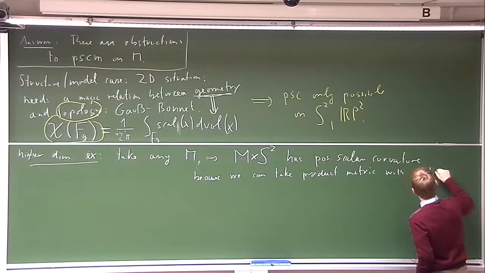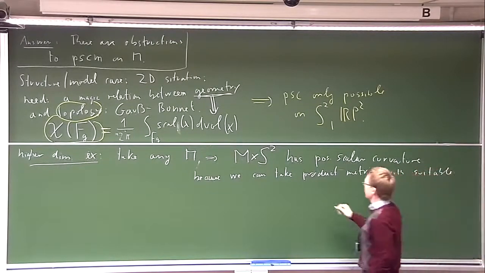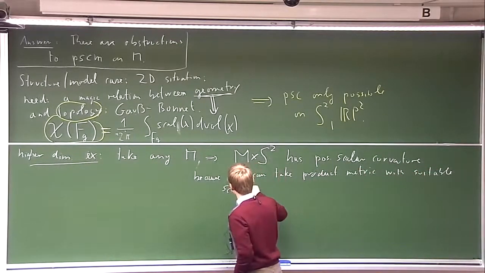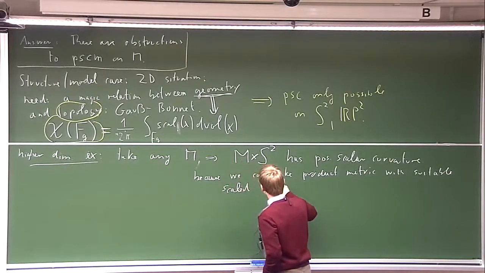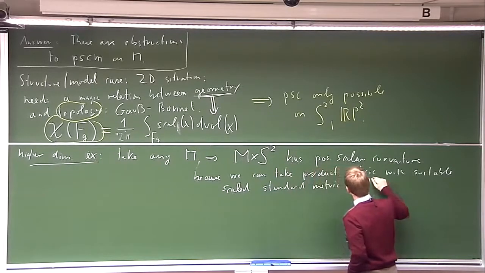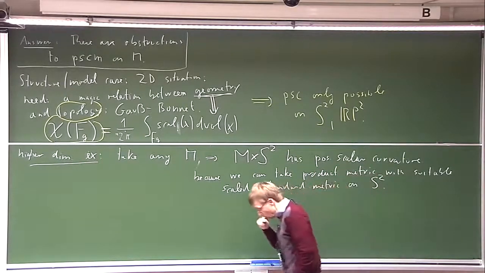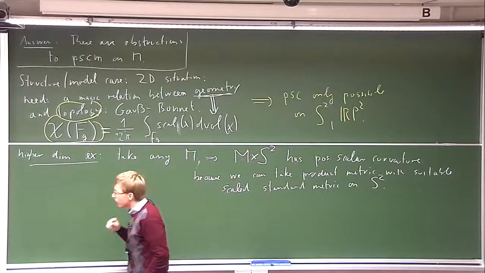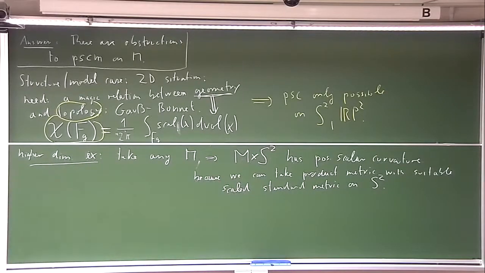But then you scale the standard metric on the 2-sphere. Okay, now if you make it tiny, we make the scalar curvature really big.